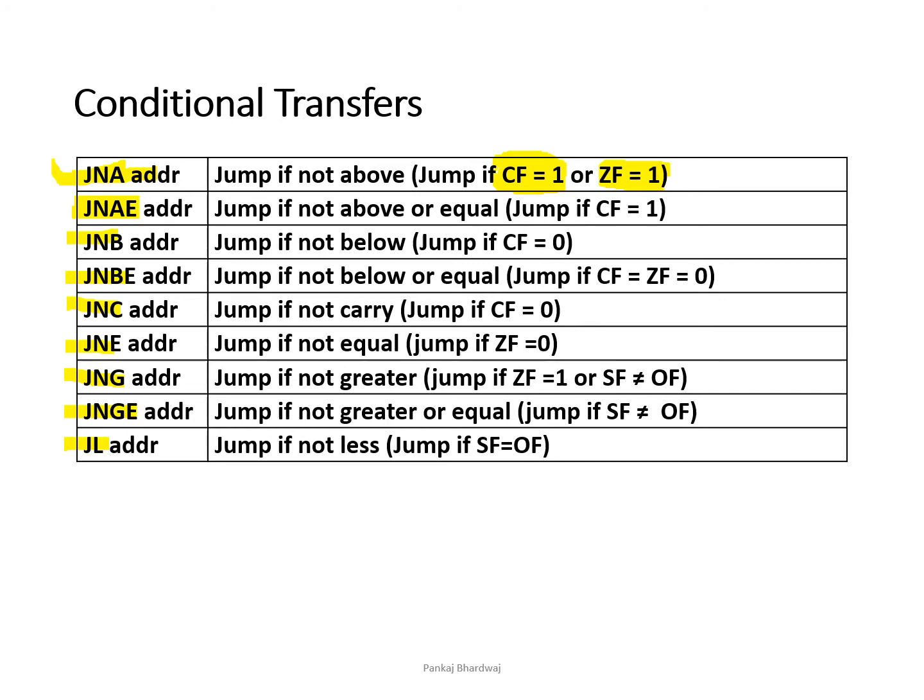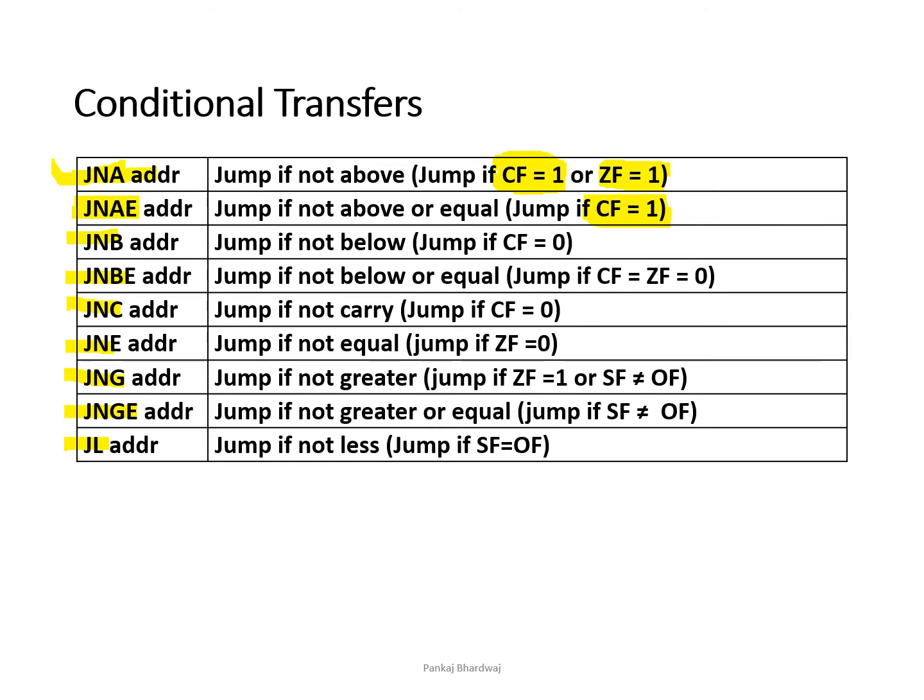JNAE means it only checks the carry flag. If the carry flag is 1, it does not need to check the zero flag, because if that does not happen, then obviously this will happen if CF equals 1.